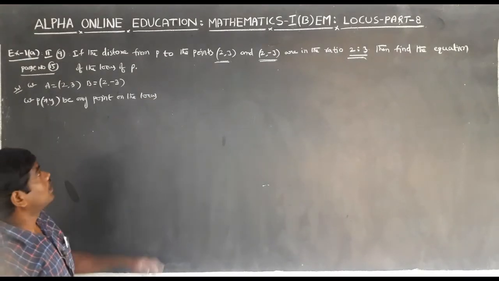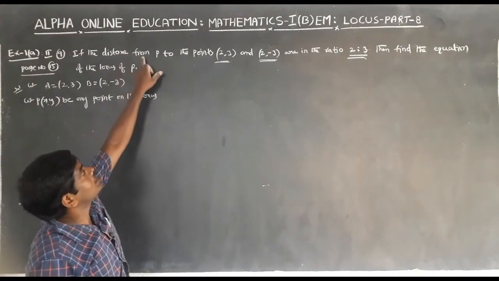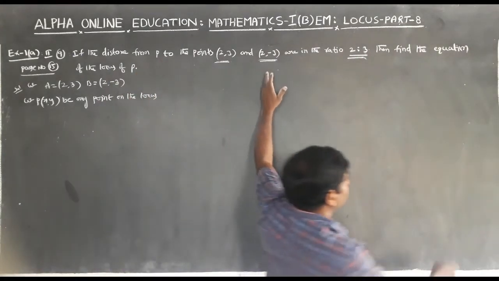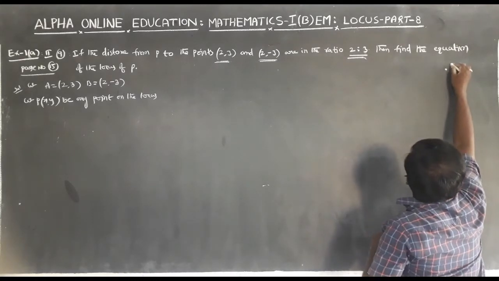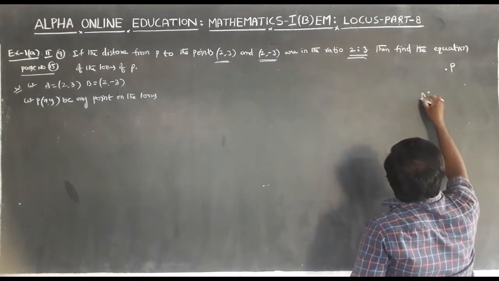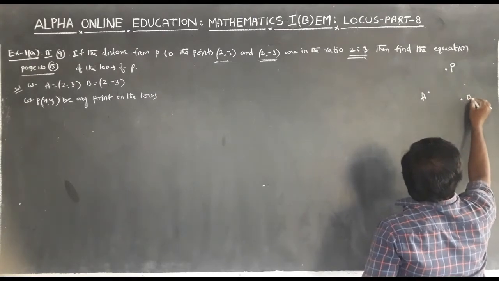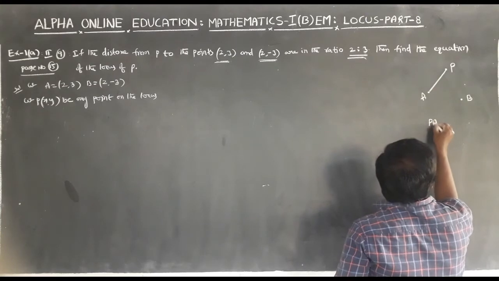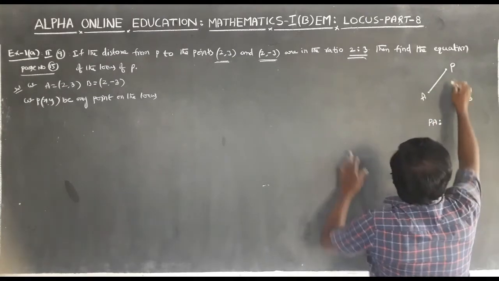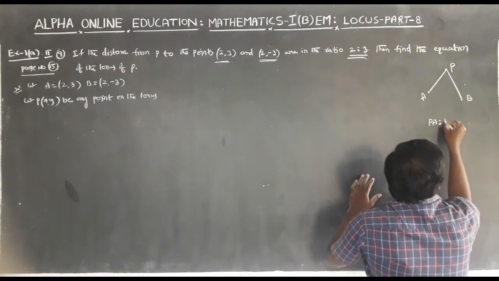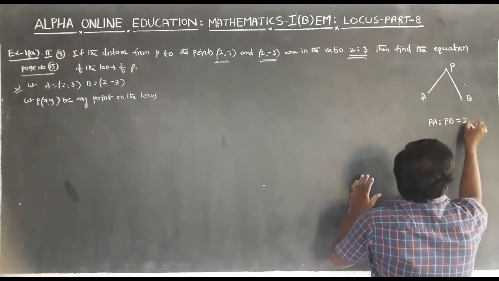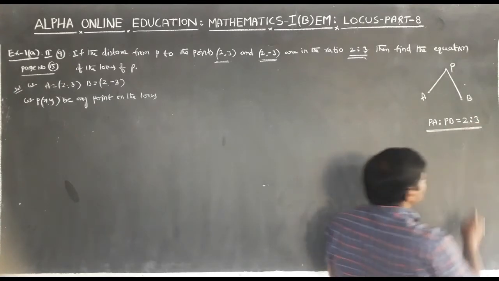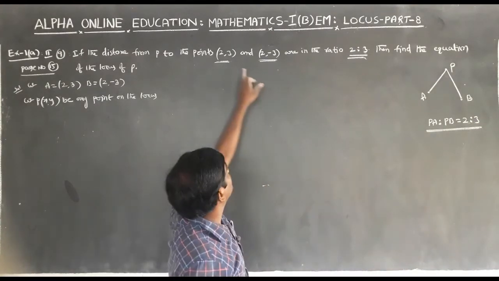Here given geometric condition, the distance from P to A and P to B. This is the point P. This is the point A. This is the point B. The distance from P to A, PA, is to the distance from P to B, PB, equal to 2:3. This is the given geometric condition.